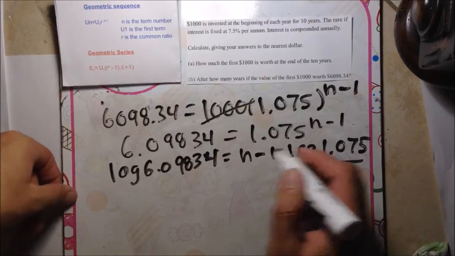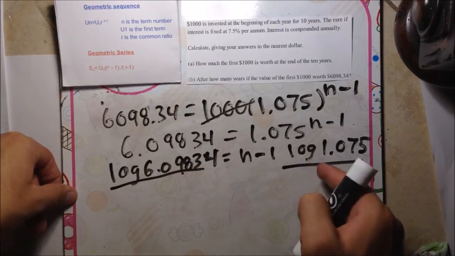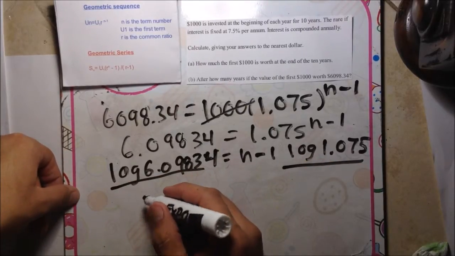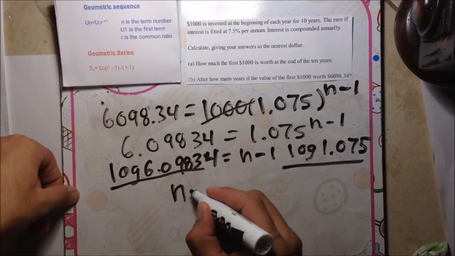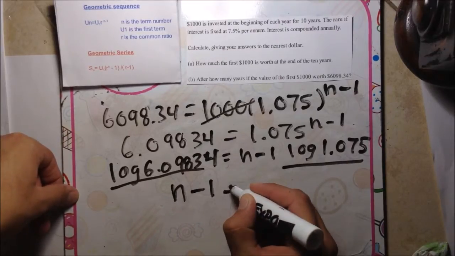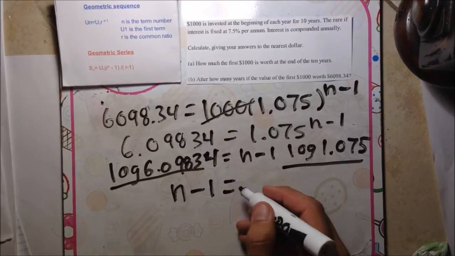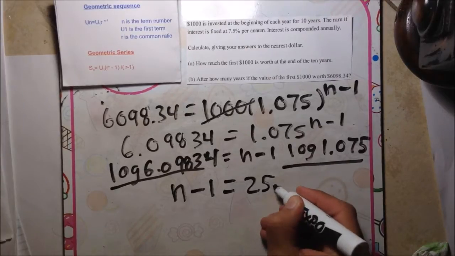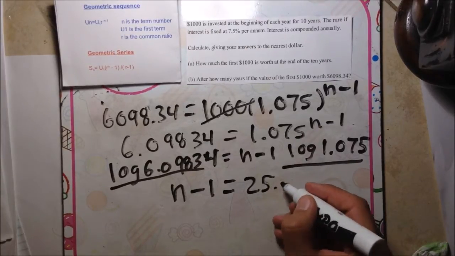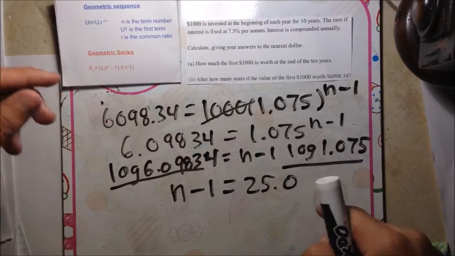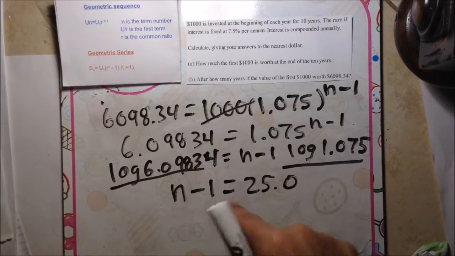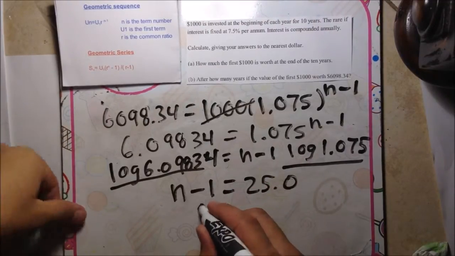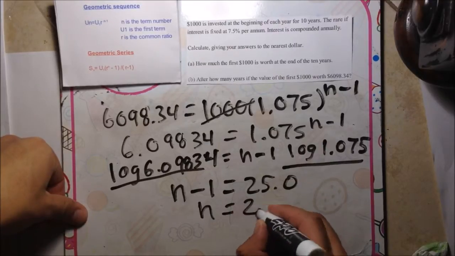If we do that, we're left with n minus 1 equal to 25. And now all we do to solve for n is add 1 to this side, so n equals 26.